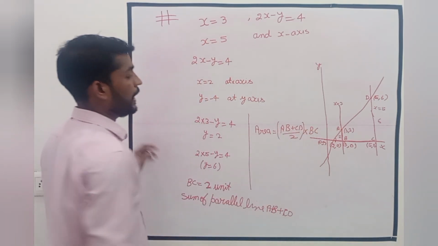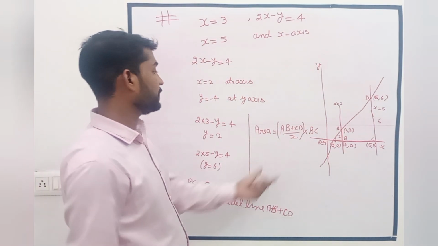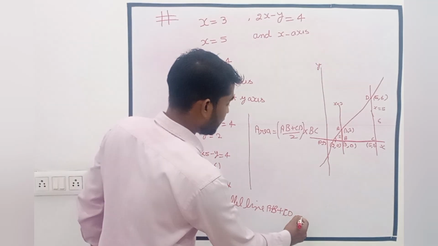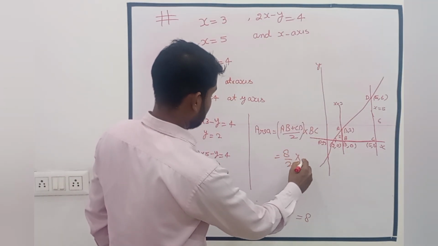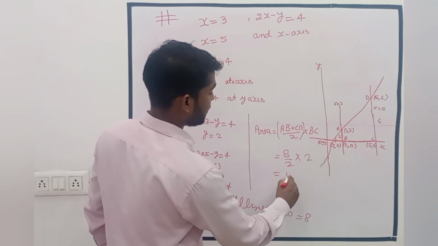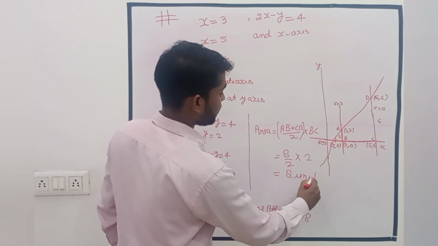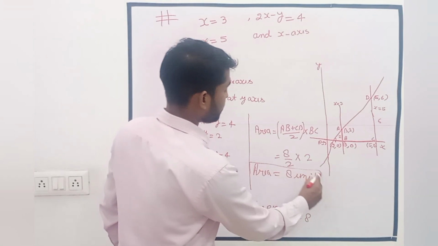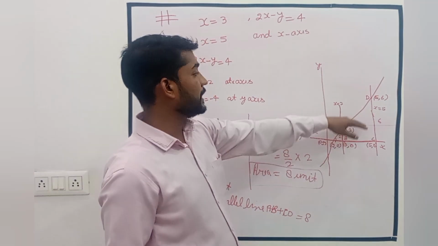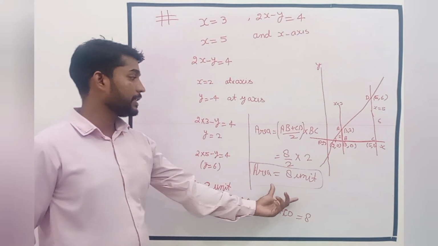This is the area of a trapezium formula. We have calculated the sum as 8, so 8 divided by 2 into BC, which is 2, gives 8 square units. This is the area formed by these lines.